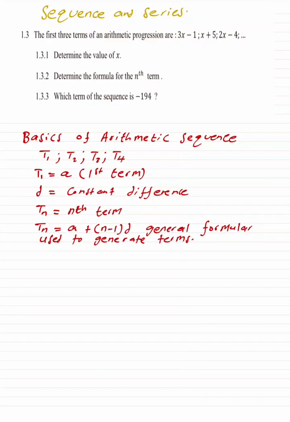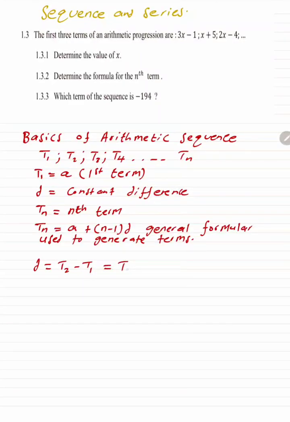So if you look at the basics, when you are given the terms T1, T2, T3, T4 up until the last one, and you are told that it's an arithmetic sequence, we automatically know that the first term is symbolized by the small letter a, and there is a constant difference between consecutive terms, D. D is the same as T2 minus T1.